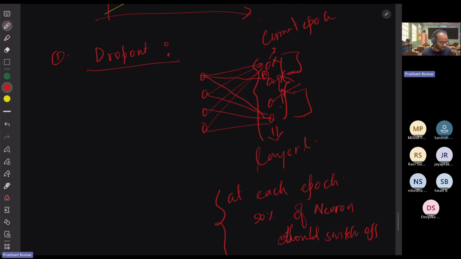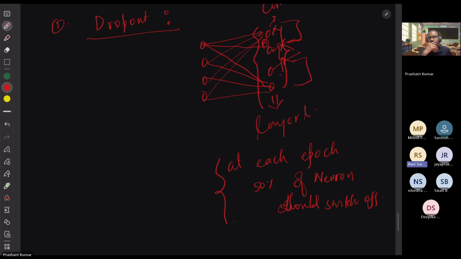So this is the simple concept of dropout. And that dropout will also act as a regularizer, and that regularizer will not overfit the solution. Right. So the dropout is chosen based on random, right? Yes. Random. So each time you run, you will get different results.